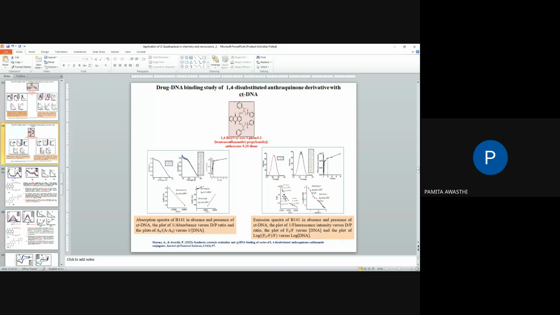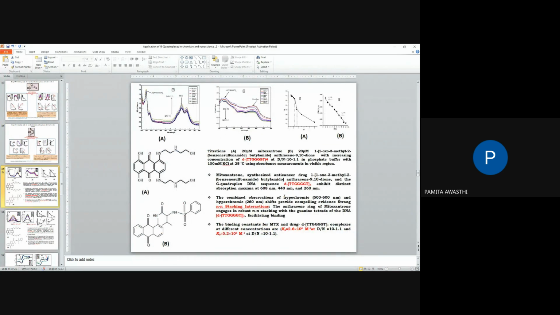We also studied the binding interaction of the molecule that came out to be the best with the G-quadruplexes, which are part of the human telomeric sequences, and we could confirm the same observation as with the DNA duplex. We could see the binding interaction is better than the standard drug, mitoxantrone.